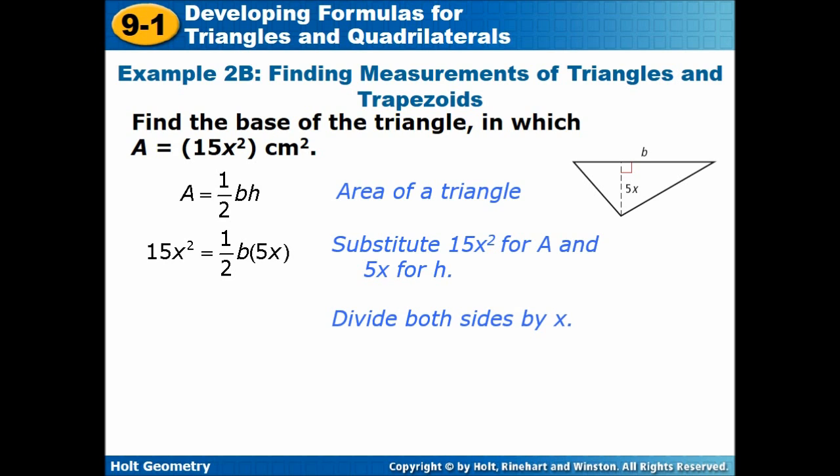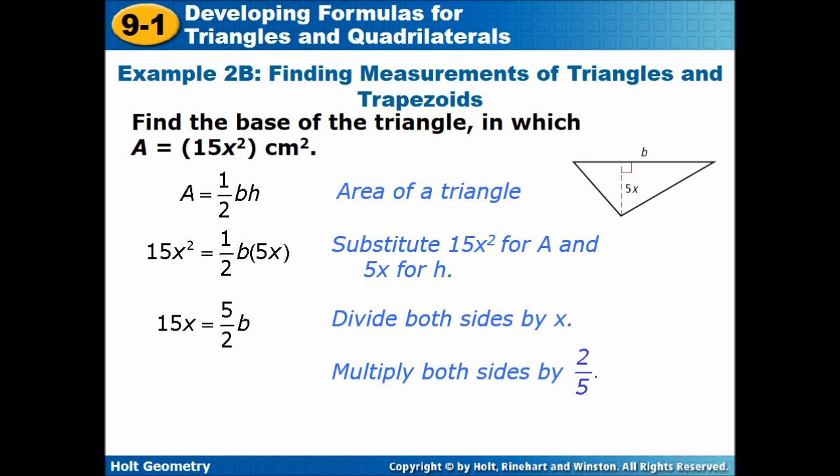So divide both sides by x. When you do that, that gets rid of the quadratic issue. And so now you have 15x equals 5 over 2 b. Now you're going to ask yourself, why 5 in the numerator? Wasn't it multiplied to the x? Well, remember, the 1 and the b and the 5 all multiply together, so you can end up with 5 over 2 b.